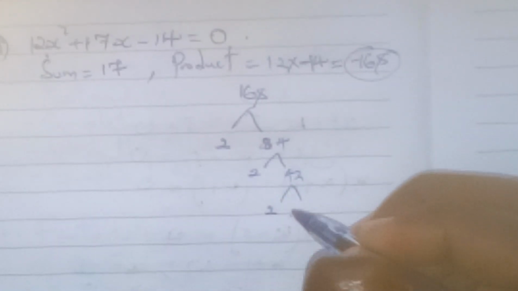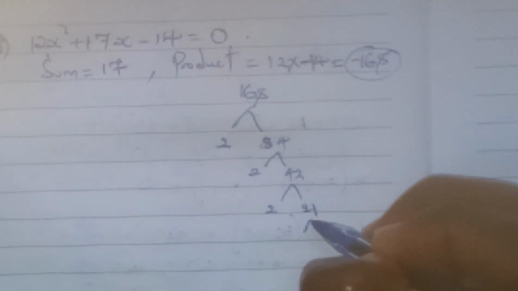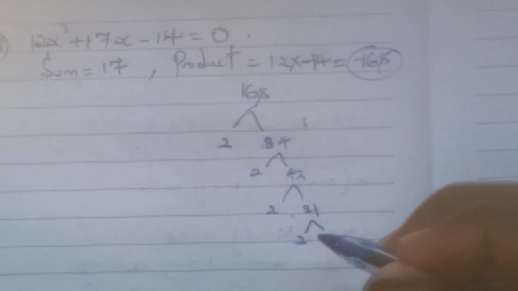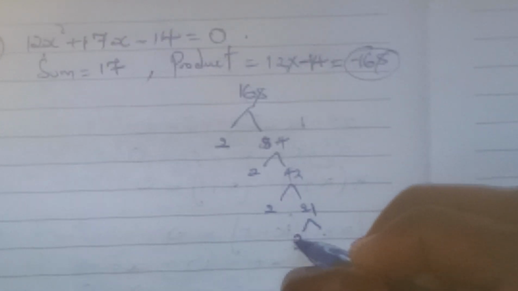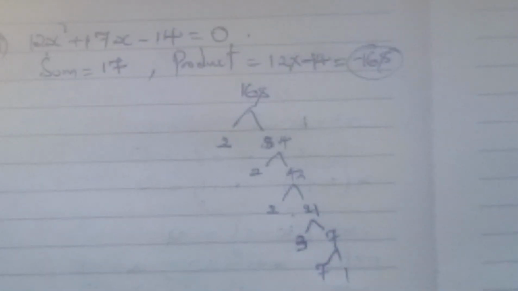Divide by 2, you're going to have 21. 21 cannot be divided by 2, so it's going to be divided by 3, which gives 7. Then by 7 you end up with 1. 7 is a prime number, so it can only divide by itself to give 1. So the factors of 168 are actually 2, 2, 2, then 3 following, then 7.